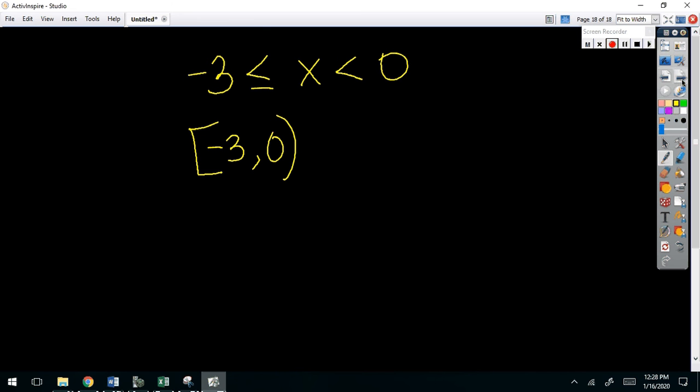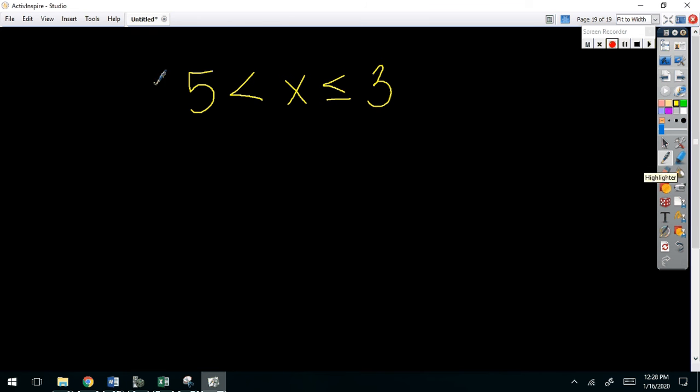One more. Write that in interval notation. Smallest. 5.